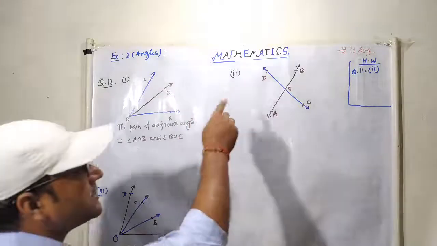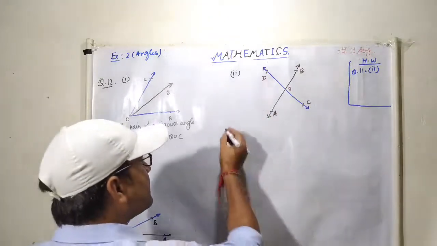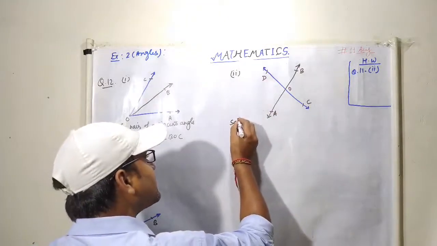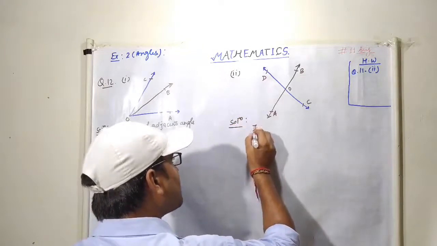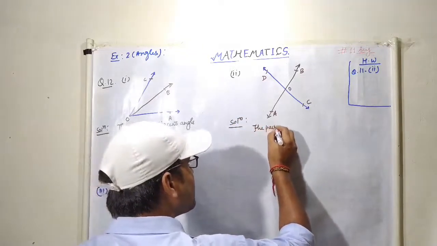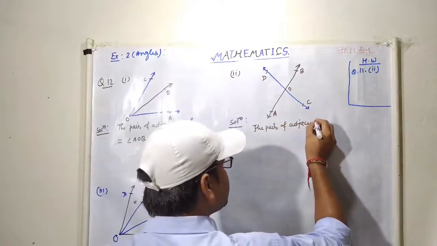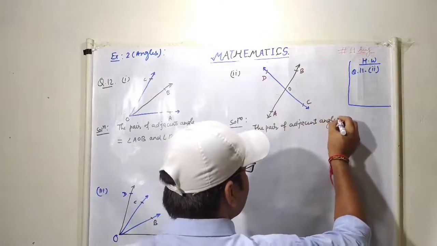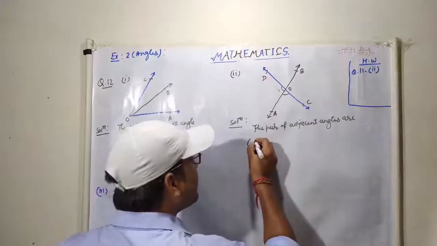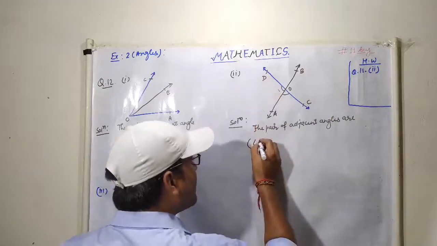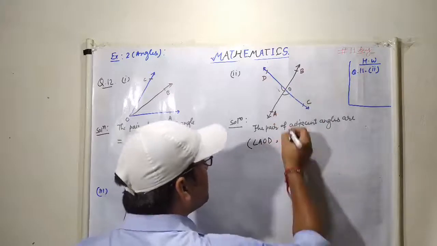Now question number 2. In this one also you will find the adjacent angles. So the solution for this case: the pairs of adjacent angles are, first pair, angle AOD and angle BOD.